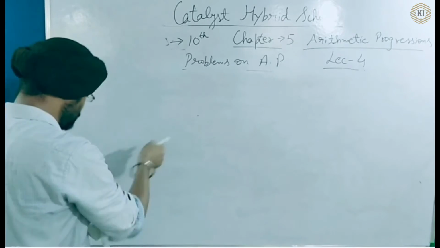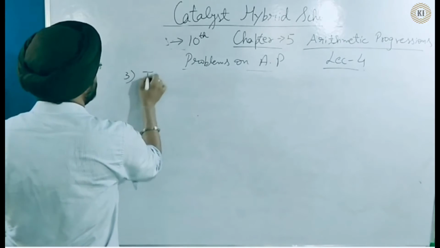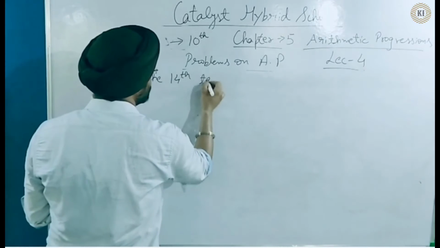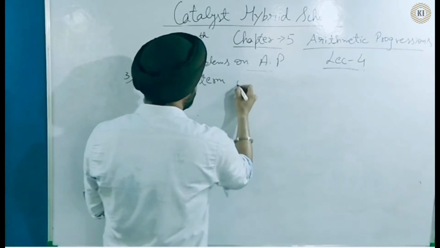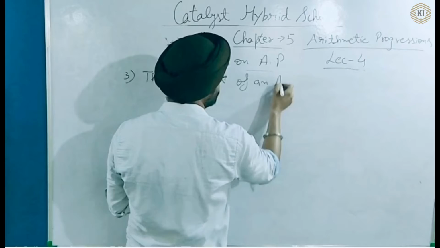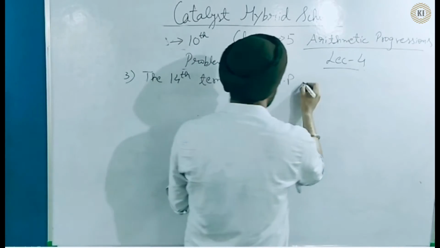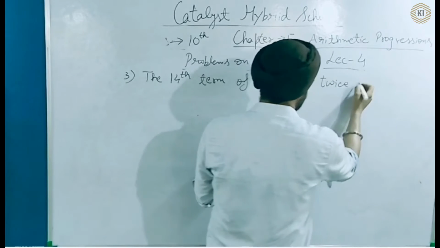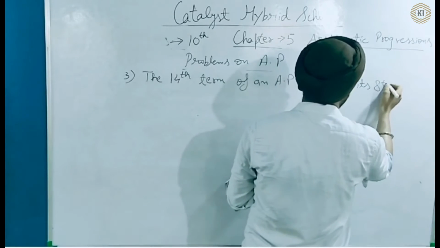Next question is question number 3. The 14th term of an AP is twice its 8th term.